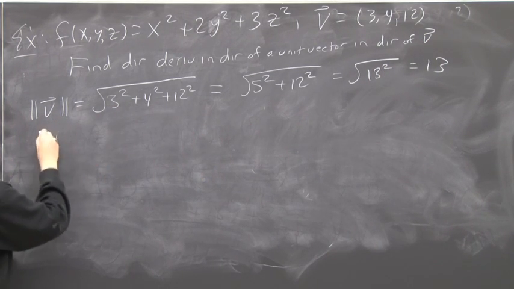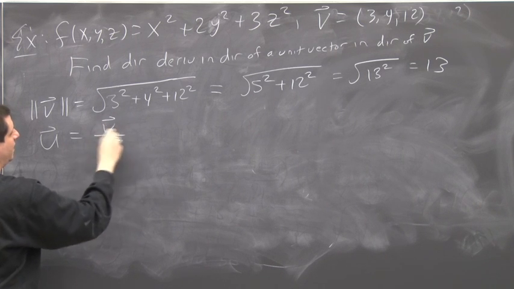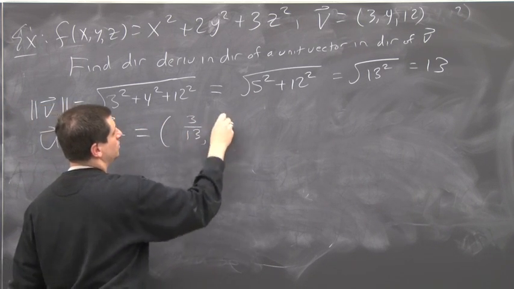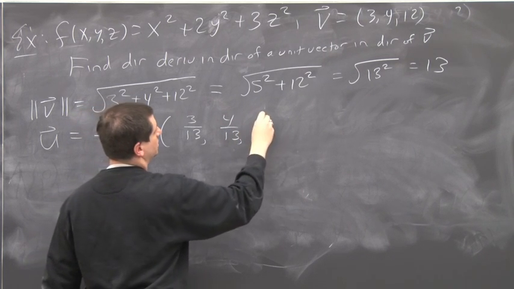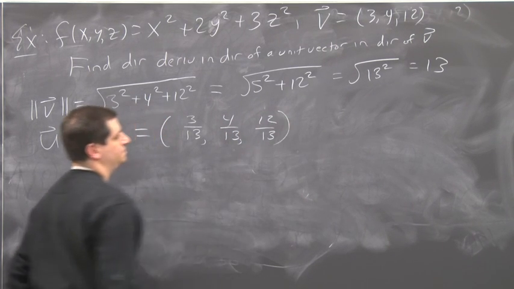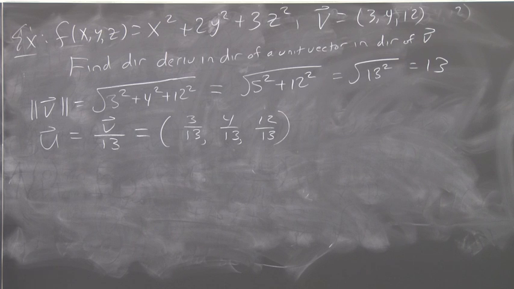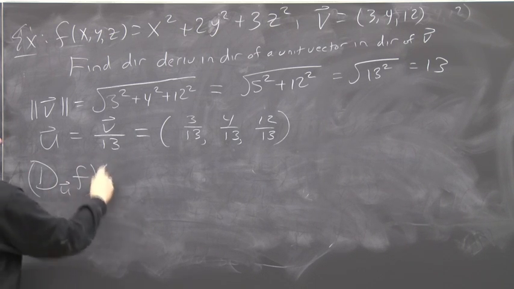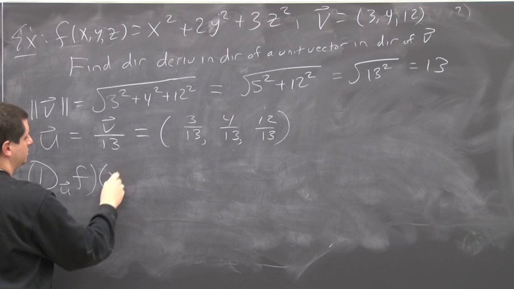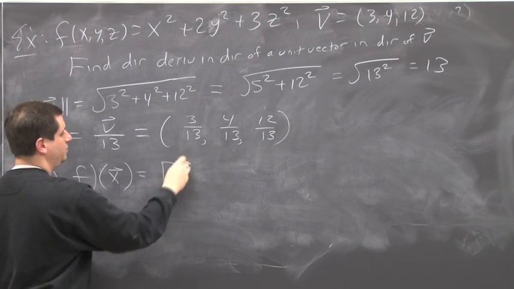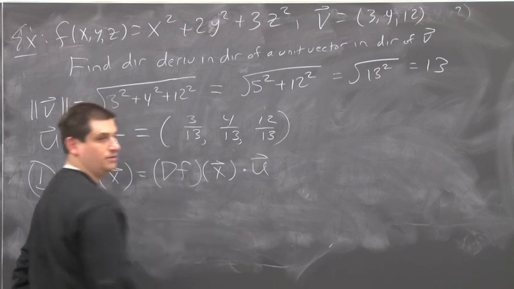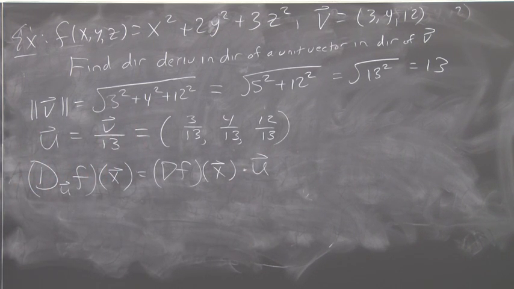So u is just v divided by 13. So I'm going to get 3/13, 4/13, 12/13. And so now the directional derivative in the direction of u at some point x is the gradient of f at x dotted with u. And so now I just have to calculate the gradient of f.